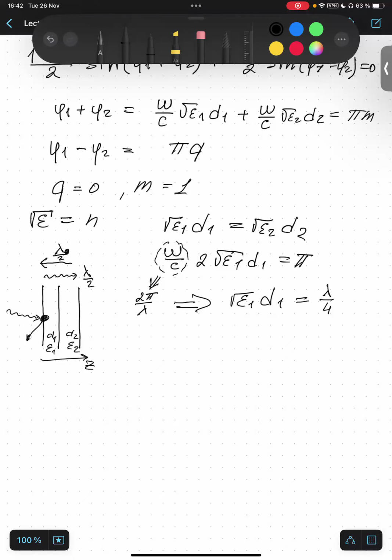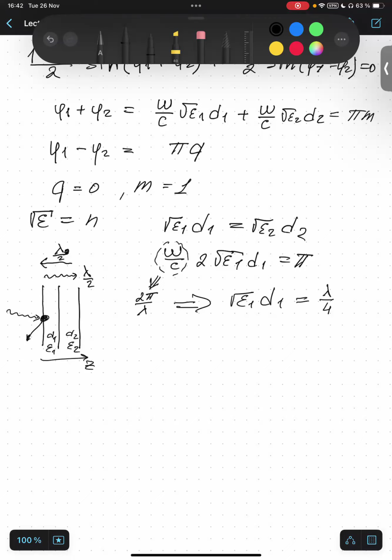It basically means that we have a mirror. So solutions of our system are purely imaginary. There is no wave in our photonic crystal. Therefore, we have no transmission.